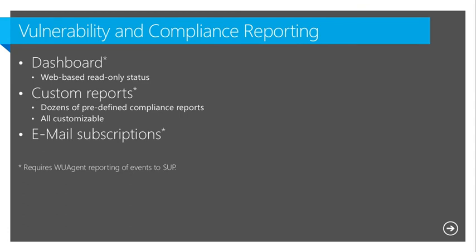The one limitation with this functionality is that it's all based on data that's reported to the software update point. That comes from the history of the product being developed as a WSUS tool. There's an option in the software update point component setup that allows you to let the Windows Update Agent report state information to the WSUS server or to the software update point. If you turn that on, then we can go get that information and provide access to it.